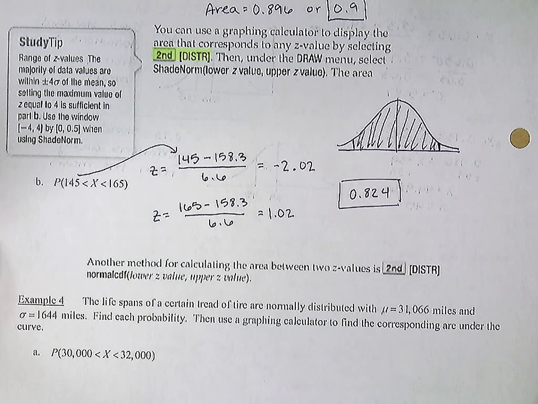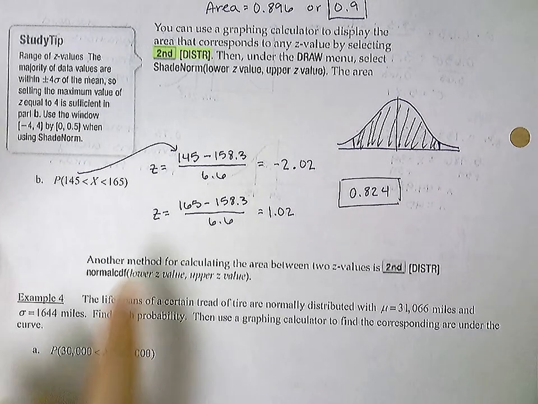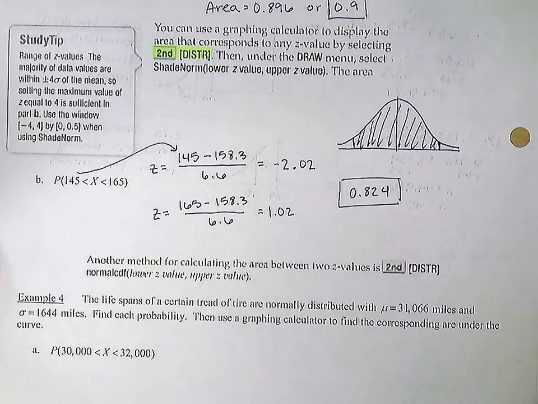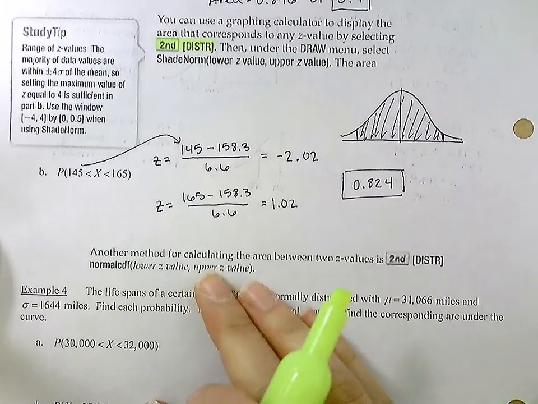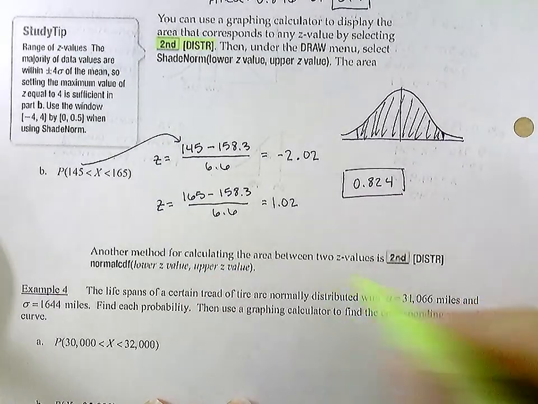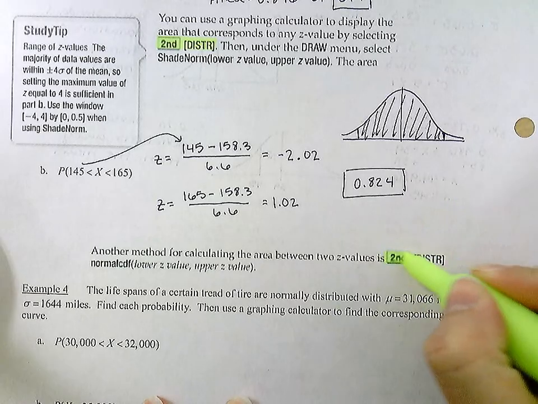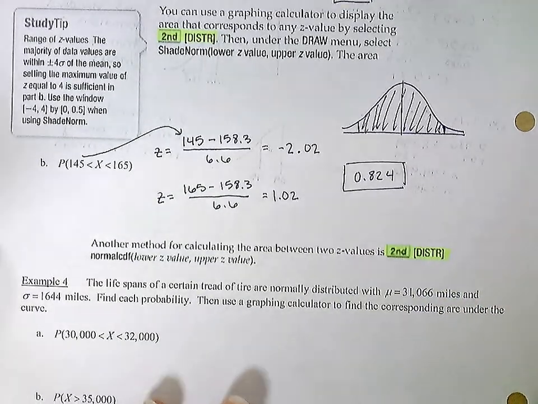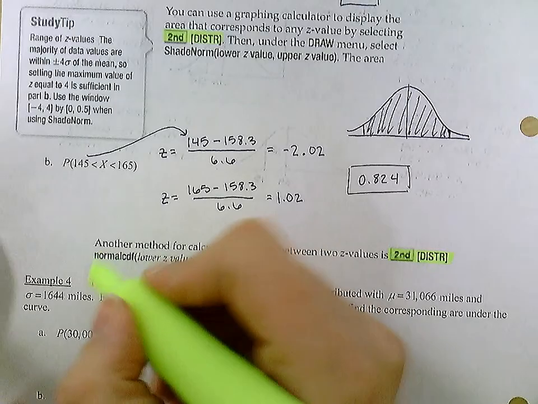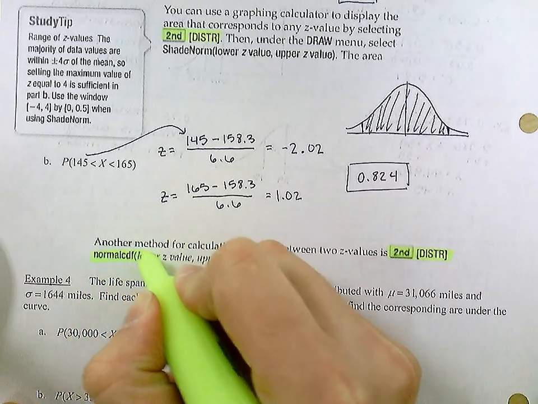Okay, so that's shading it the easier way, where it doesn't actually give you the graph and the area. Another method, the one I want you to use for calculating the area between two z values, is again second distribution, but instead of going to the right, you're going to click on the one that says normal CDF.